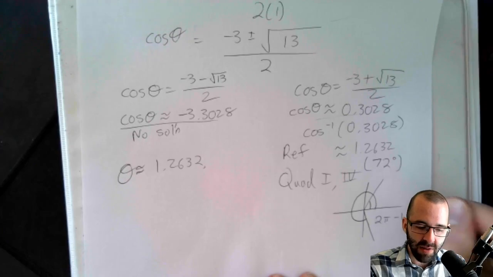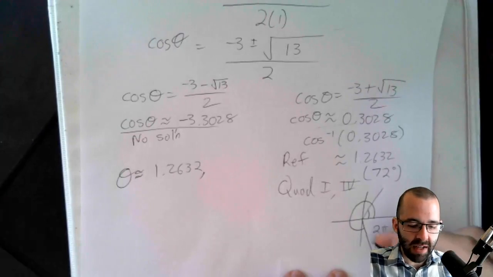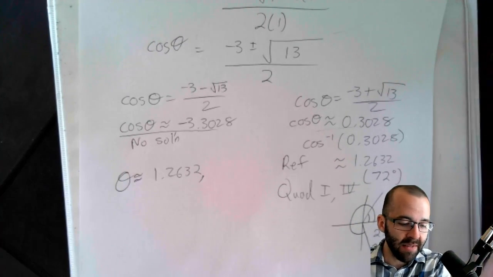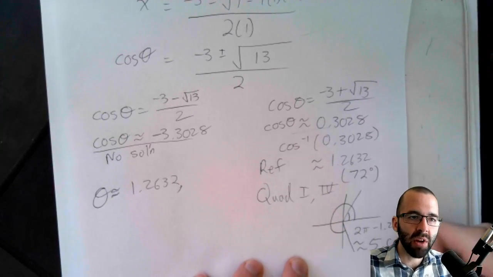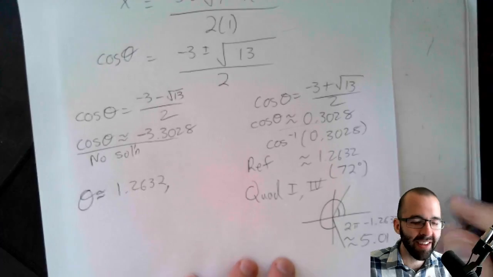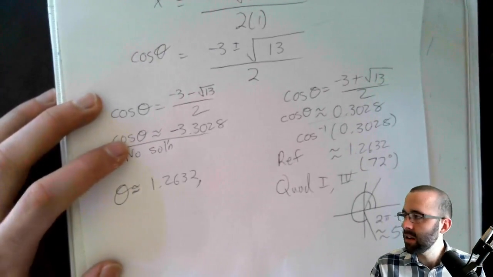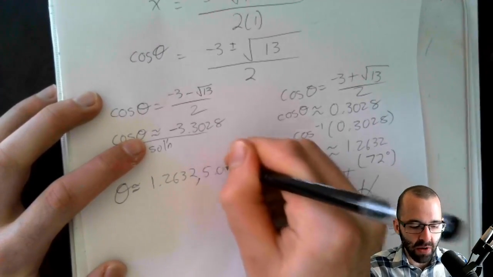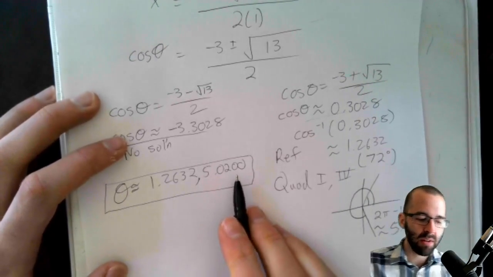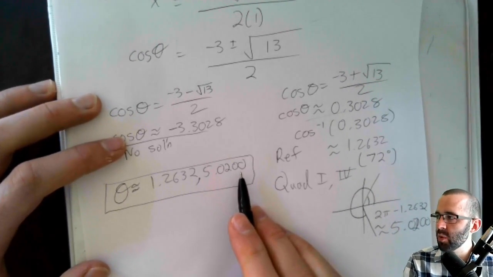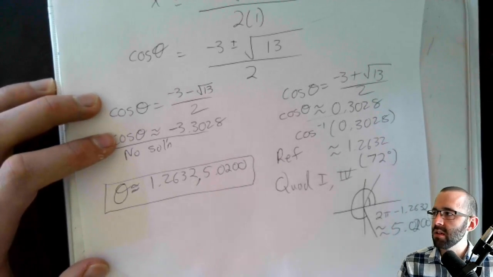So 2 pi minus 1.2632 is going to be that second one, approximately equal to 5.01... it actually rounds to 5.0200. So our second one is 5.0200, and these are our two answers. Even though there are zeros here, we're rounding to 4 decimals, so you need to include the zeros to indicate your precision.